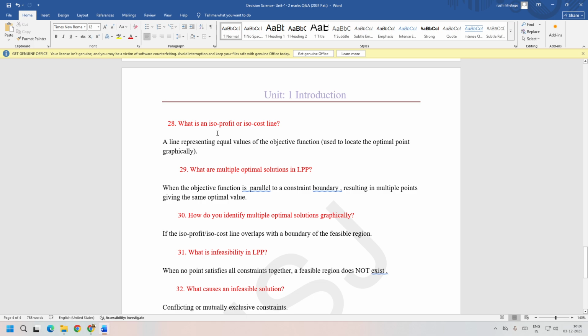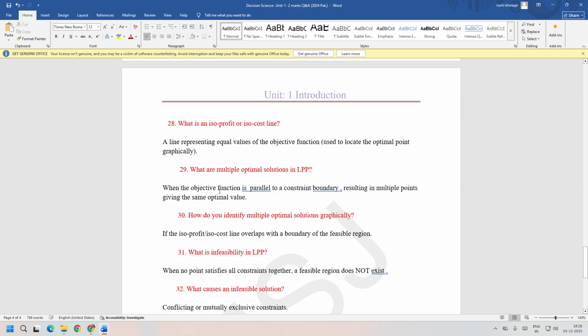What is an isoprofit or isocost line? A line representing equal values of the objective function, used to locate the optimal point graphically. What are multiple optimal solutions in LPP?